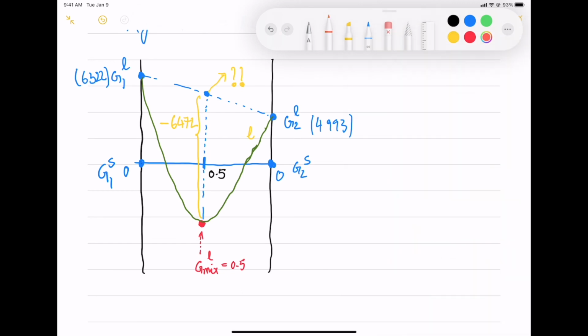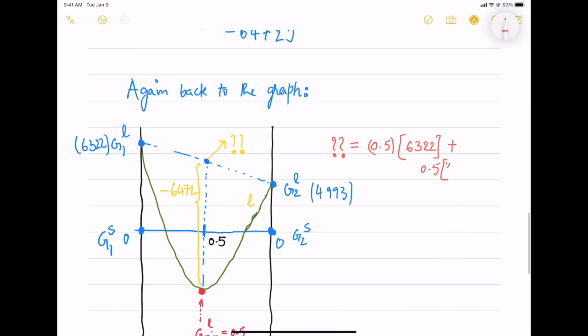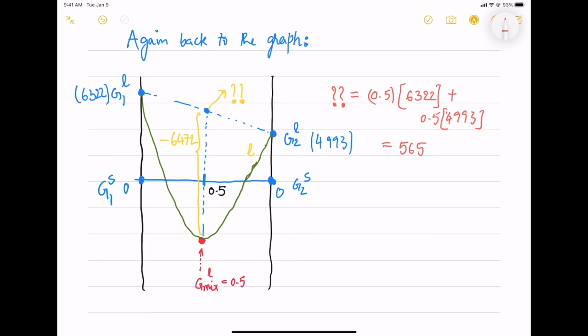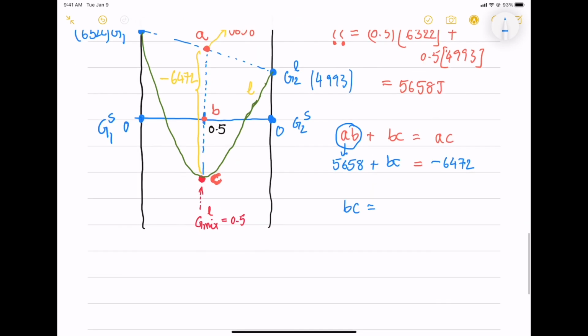Now we need to find the point above. That can be given by the rule of mixtures. Using the rule of mixtures, we know G1 liquid and G2 liquid, and we get that point, 5658. So let's take positions A, B, C. AB plus BC is AC. We know AC is minus 6492.